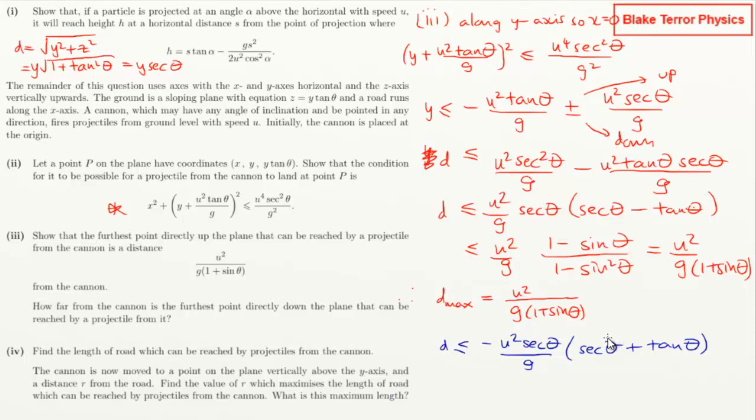So it's going to leave me with the 1 minus sine theta on the bottom. So d is less than or equal to minus u squared over g, 1 over 1 minus sine theta. So the d max is going to be the magnitude of this thing. So d max for downhill is going to be equal to u squared over g, 1 over 1 minus sine theta.